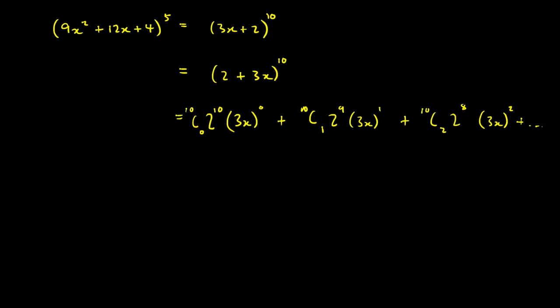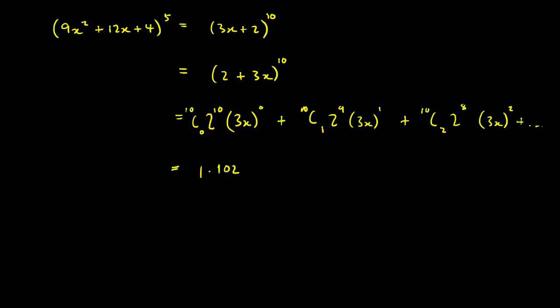Okay, so now we're going to try to simplify this again. You're probably asking yourself, why are we not using the calculator? Well, we want to practice again without a calculator. 10C0 is 1 because anything C0 is 1. You should hopefully know that. 2 to the power 10, well, you can actually calculate it on your fingers. You just go along your fingers. So start with 2, double it, 4, 8, 16, 32, 64, 128, 256, 512, 1024.